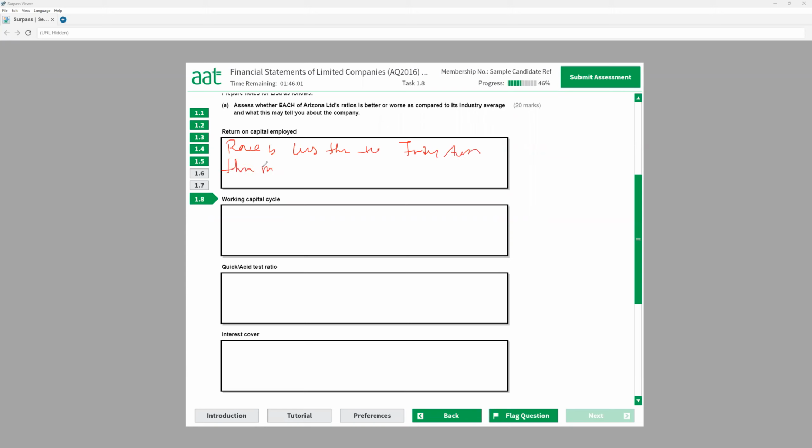That means she will receive less return than the other companies in the same industry, isn't it? Because if she invests somewhere else, then she will get more money than investing here.